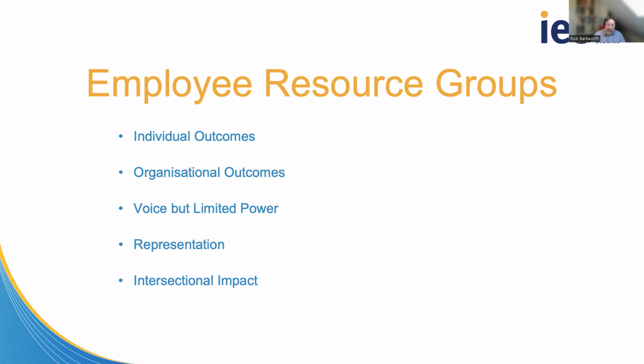The second use for employee resource groups has been around organizational outcomes, and some organizations use them to get real value and to drive the hitting of organizational targets. But interestingly, sometimes there is a disjoint between the expectations of the members and the expectations of the senior leadership.